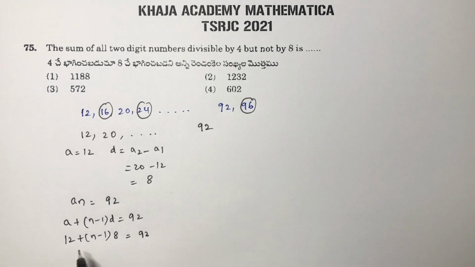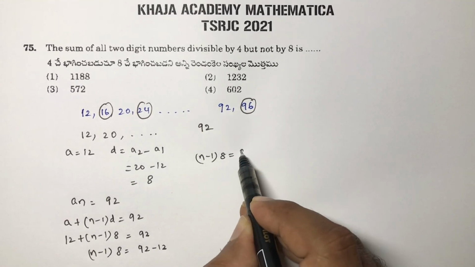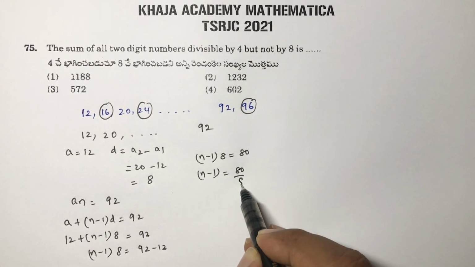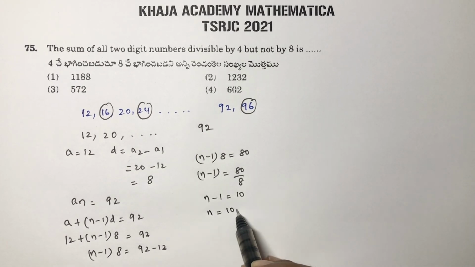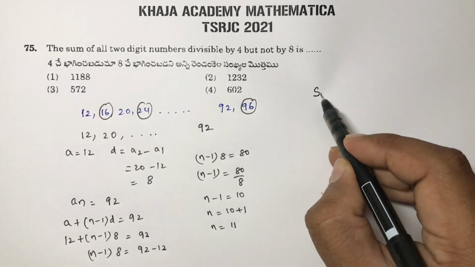So (n minus 1) into 8 is 92 minus 12, which is 80. n minus 1 is 80 by 8, which is 10. n equals 10 plus 1. n equals 11.